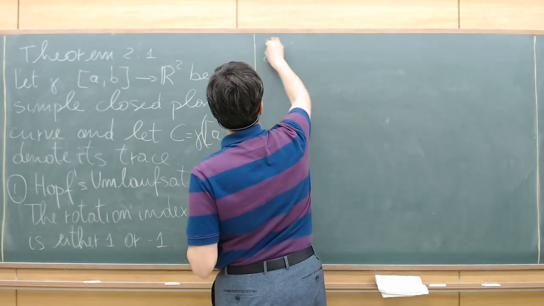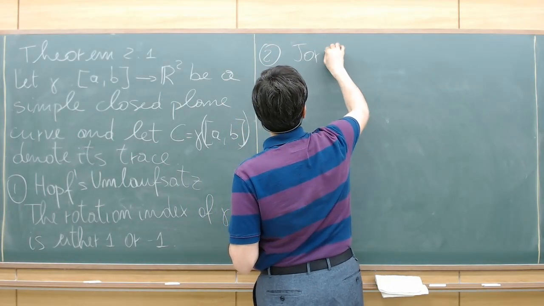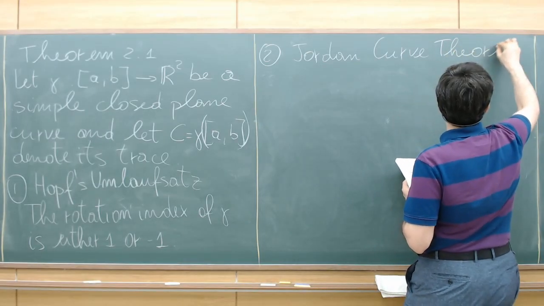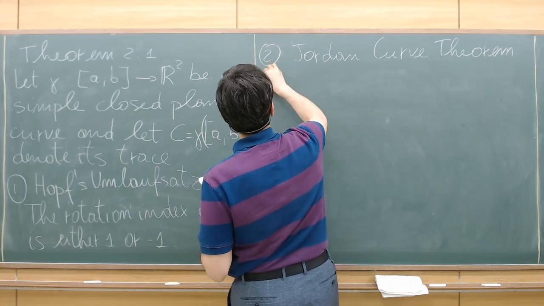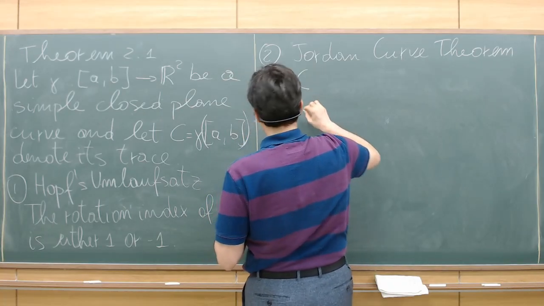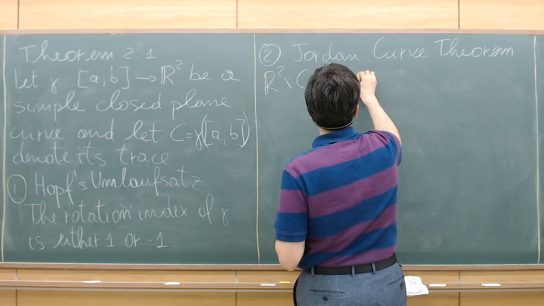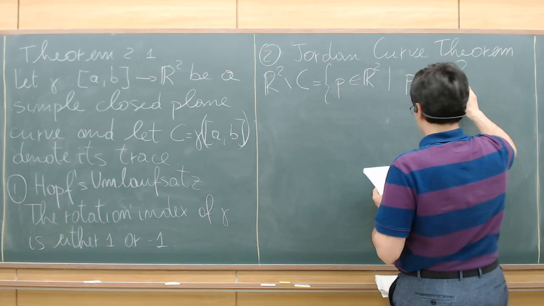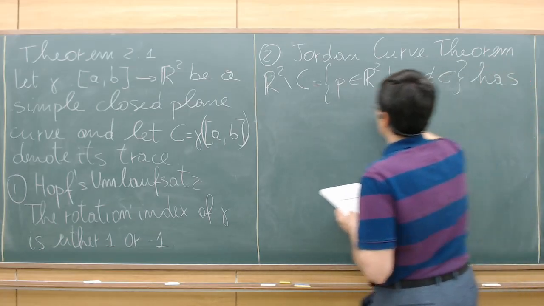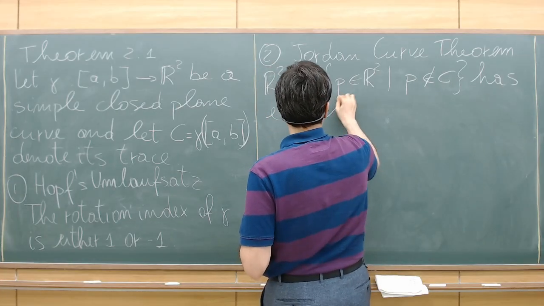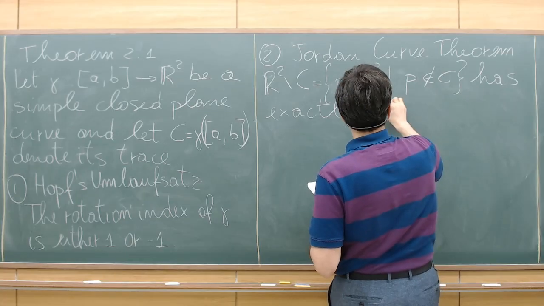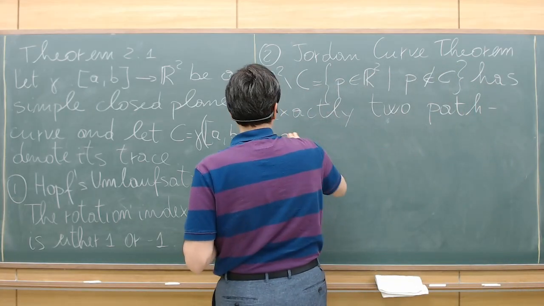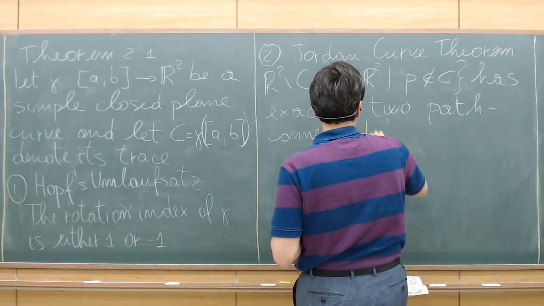Instead, the Jordan curve theorem says that R2 minus C, that is, P in R2 such that P does not belong to C, is exactly two path connected components.